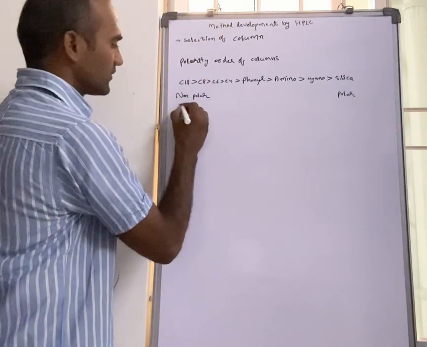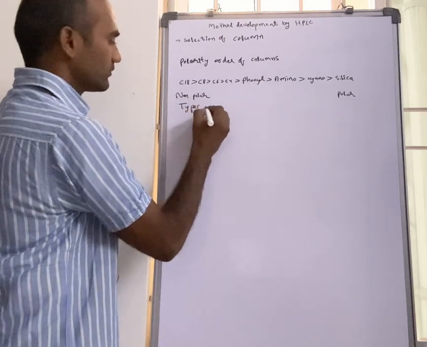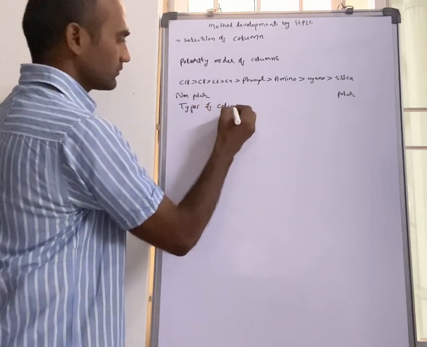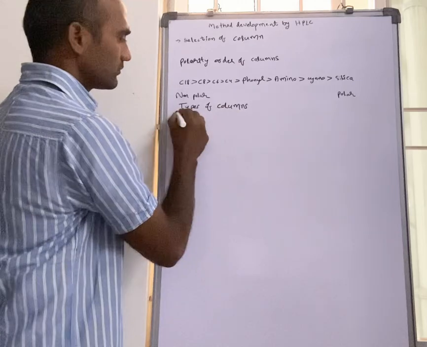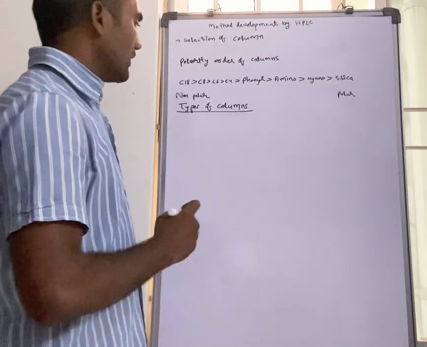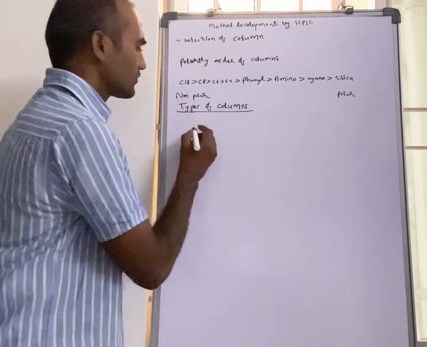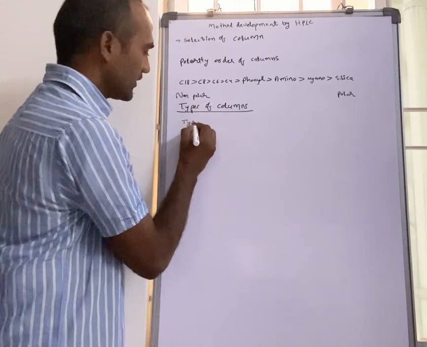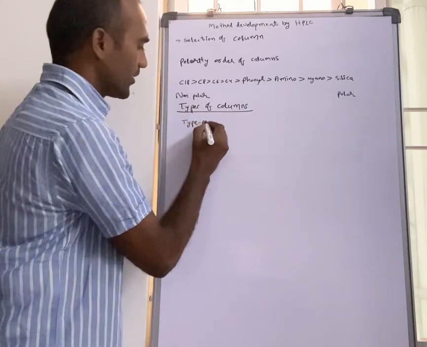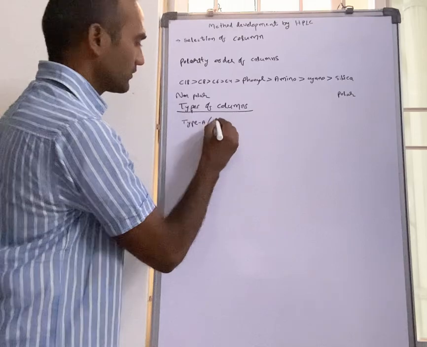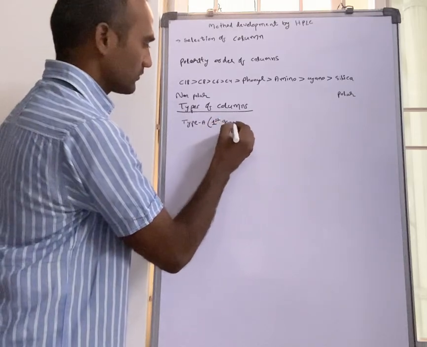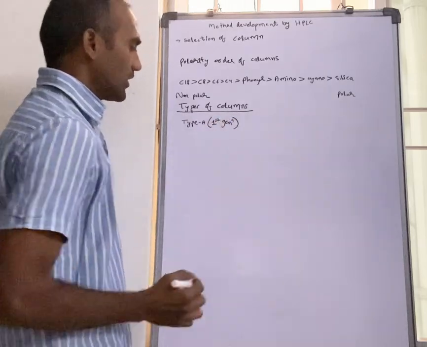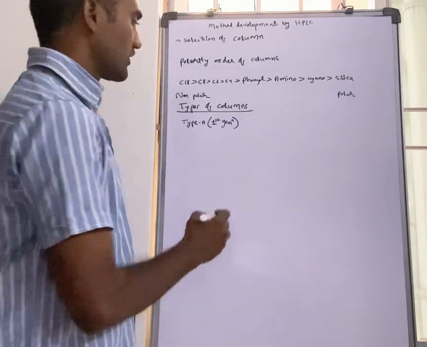And types of columns. Type A. General classification is there. Type A or first generation. Type A columns are first generation columns.